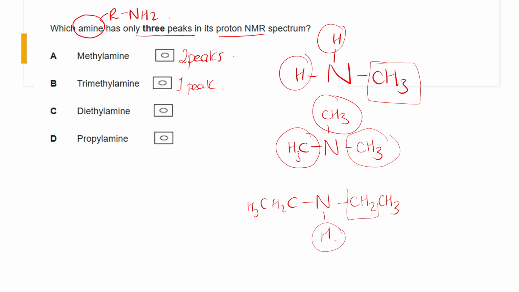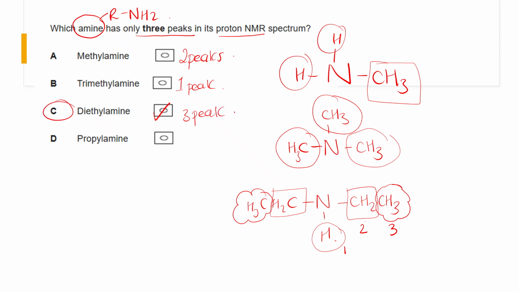We've got CH2, whose neighbours are the CH3 and the NH. And then we have the CH3. Because the other side, the left side, is the same, we're going to have the same environments repeating themselves in the ethyl group. So this one has 1, 2, 3. So our answer here is 3, so C.